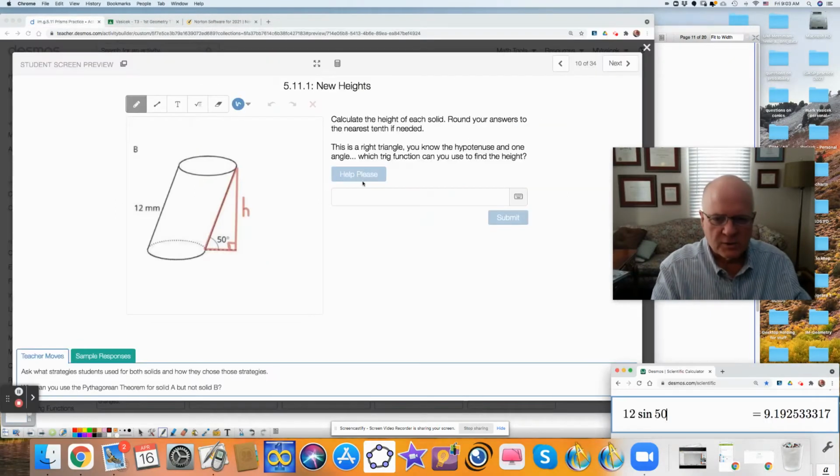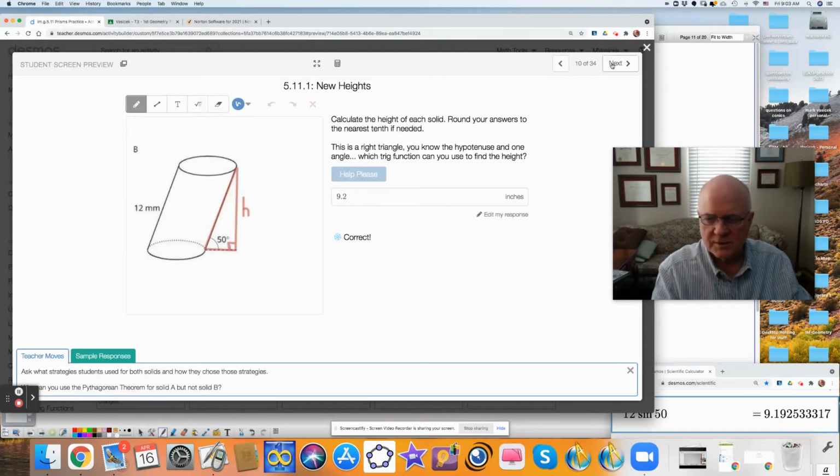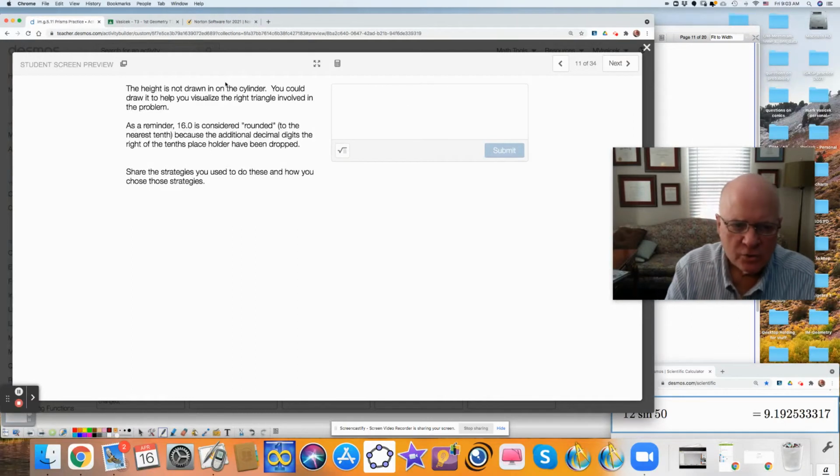And in the Desmos, if you type in your answer, 9.2 inches, and I submit it, it'll tell me if it's correct or not. Hope you appreciate the computation layer, the stuff that I've done to create this. Height is not drawn. You could draw it. 16.0 is rounded, and we share our strategies.